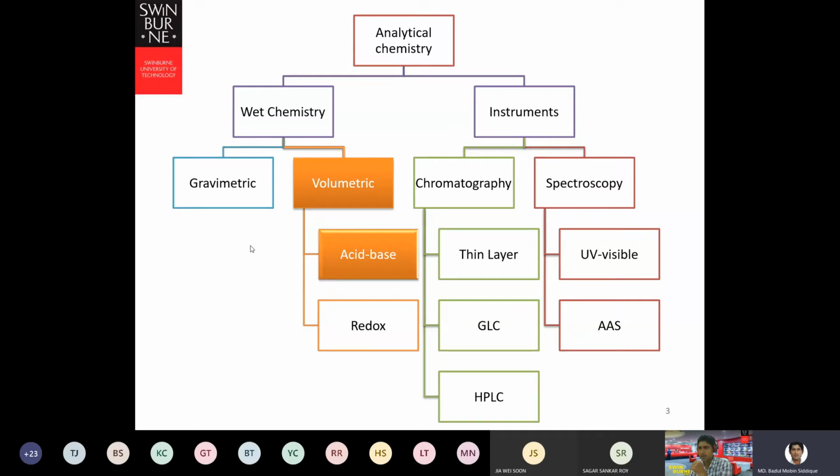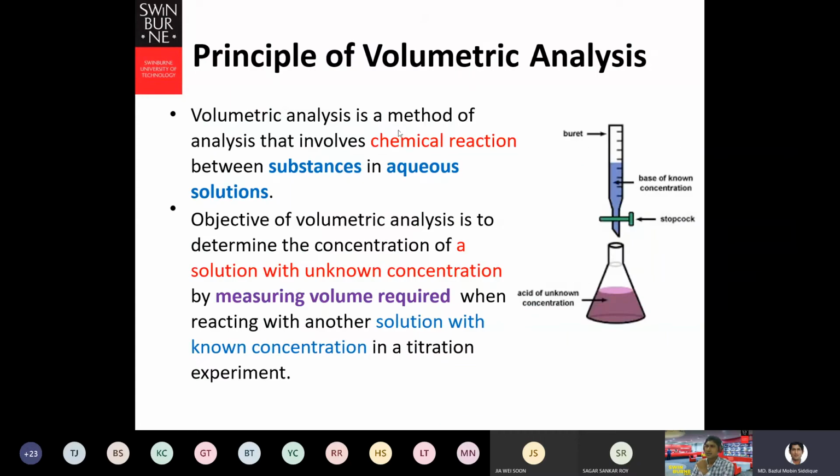Currently we are in acid-base reaction. We'll see redox reactions later on. So in volumetric analysis, both solutions should be in aqueous medium, and the unknown solution should be found out by measuring the volume required to neutralize it.